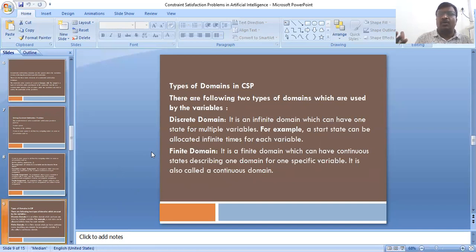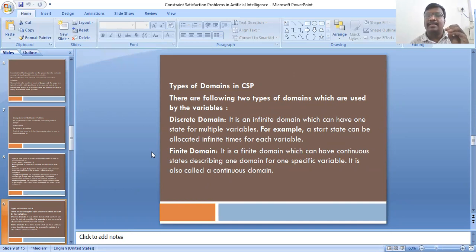What are the types of domain in a constraint satisfaction problem? There are two types of domain which are used by the variables. First one is the descriptive domain.